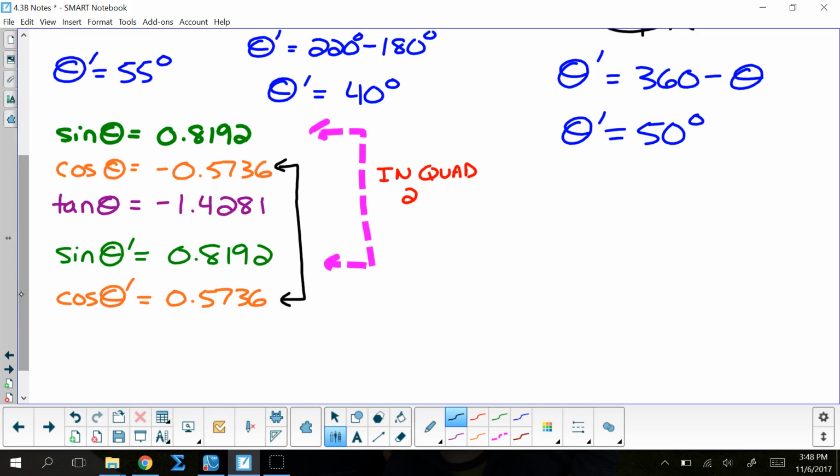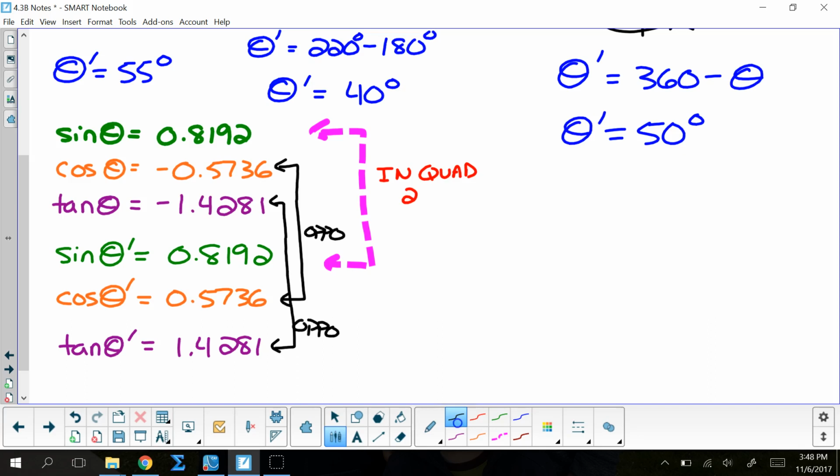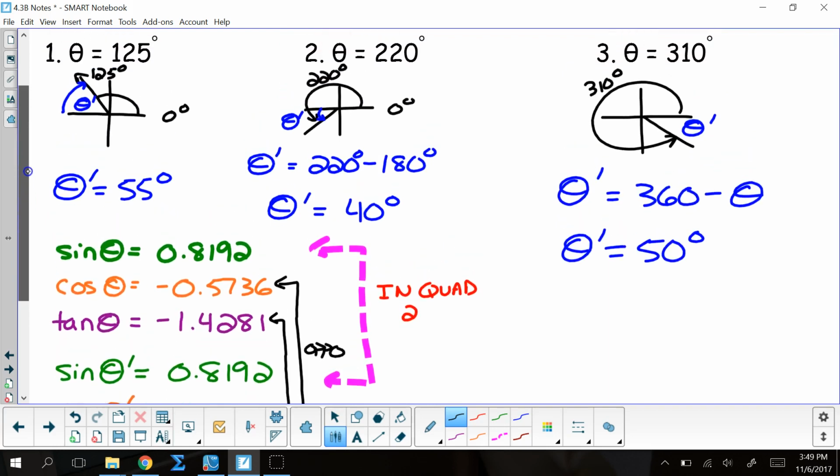They should be opposites. And the tangent of theta prime is 1.4281. And those also should be opposites because we're dealing with quadrant number 2.